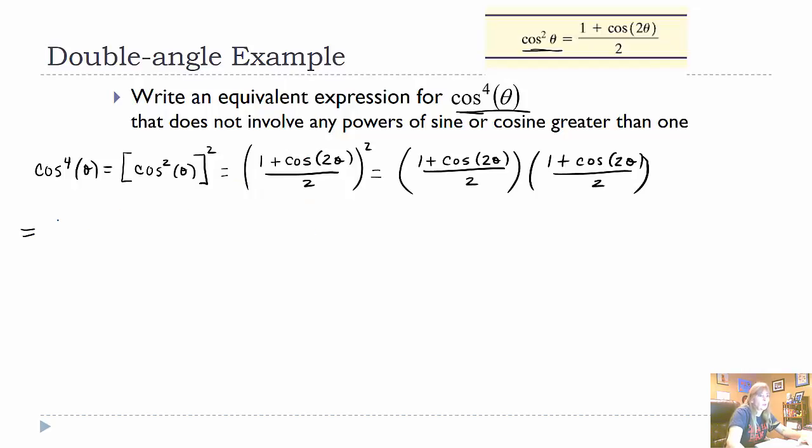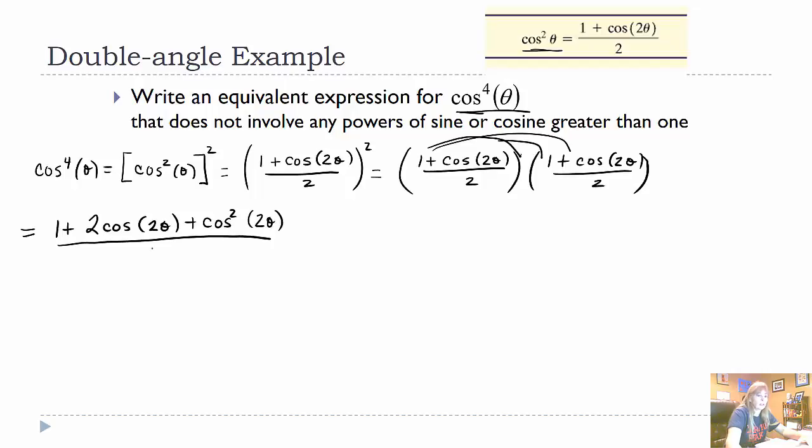So I'm going to end up with 1 plus 2 cosine 2 theta plus cosine squared 2 theta. So that's just foiling the top out. And then of course I have to multiply 2 times 2 on the bottom.